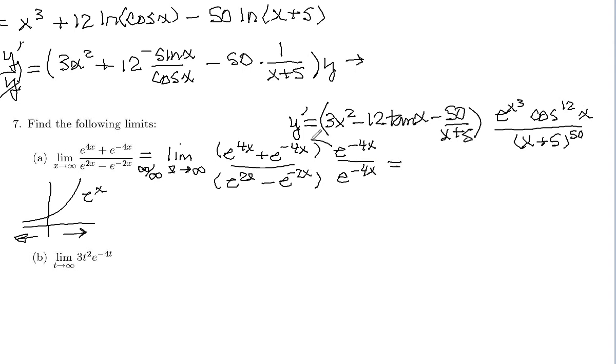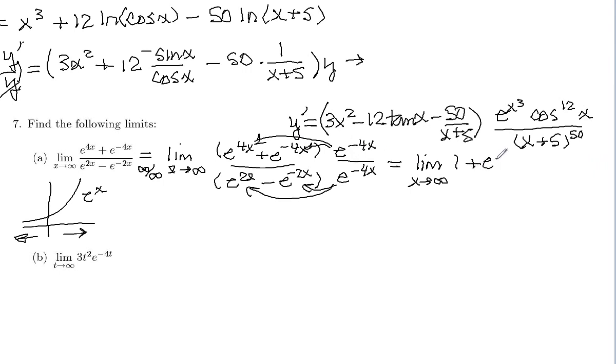So now this e to the negative 4x comes in times each piece here, and same thing on the bottom. Remember, when you multiply, you add exponents, so 4x and a negative 4x is just 0. So we're still taking a limit here as x goes to infinity. And then this will just be e to the 0, which is 1. And then e to the negative 4x times e to the negative 4x, you add the two exponents. So negative 4x and negative 4x is going to be negative 8x.